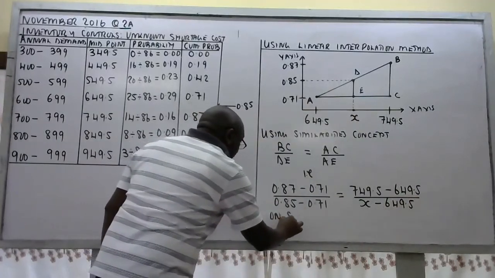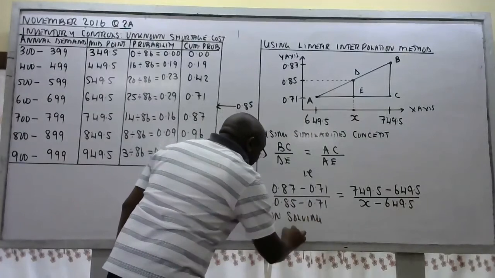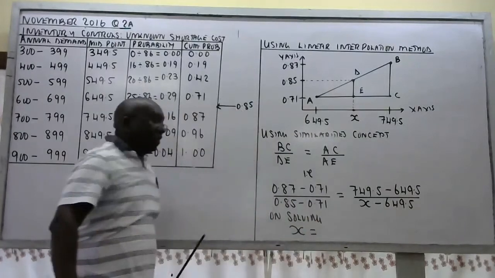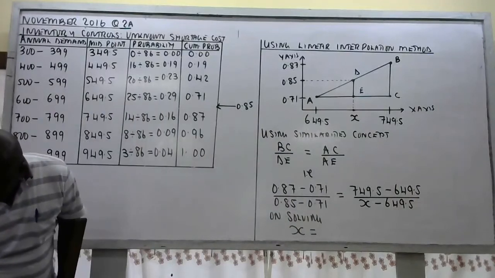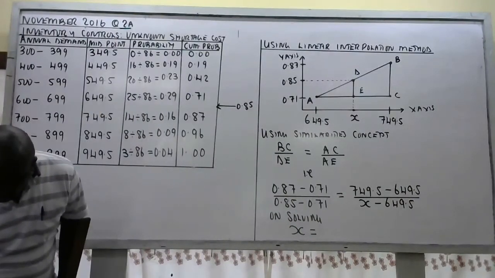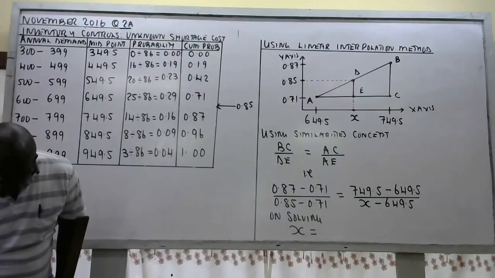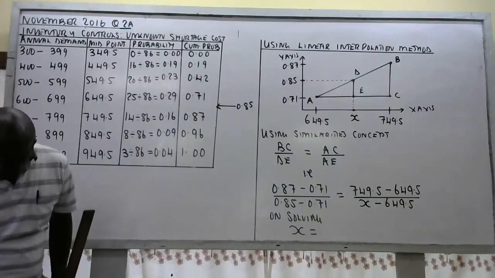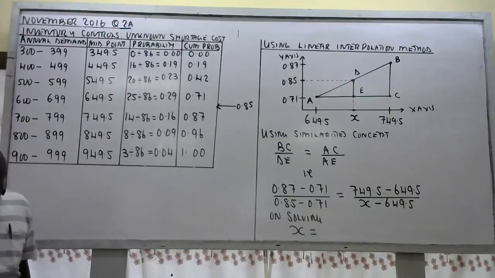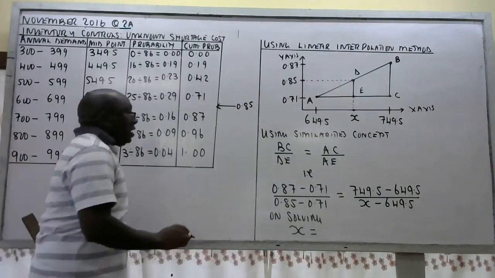Now, on solving, which you know very well, on solving, which you know very well, you should get around 88 units.